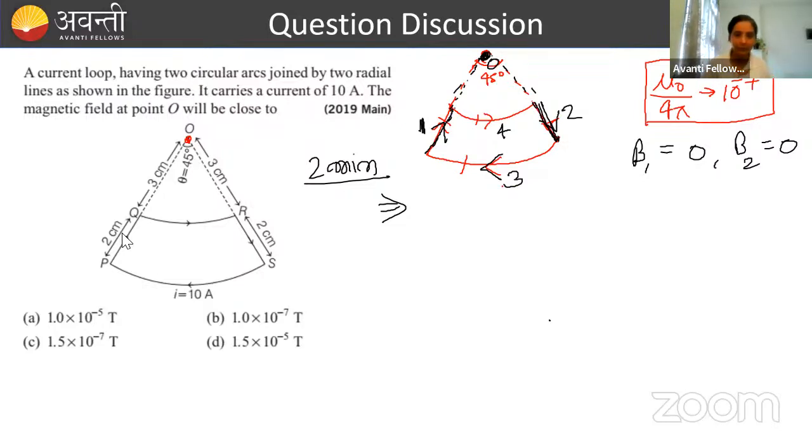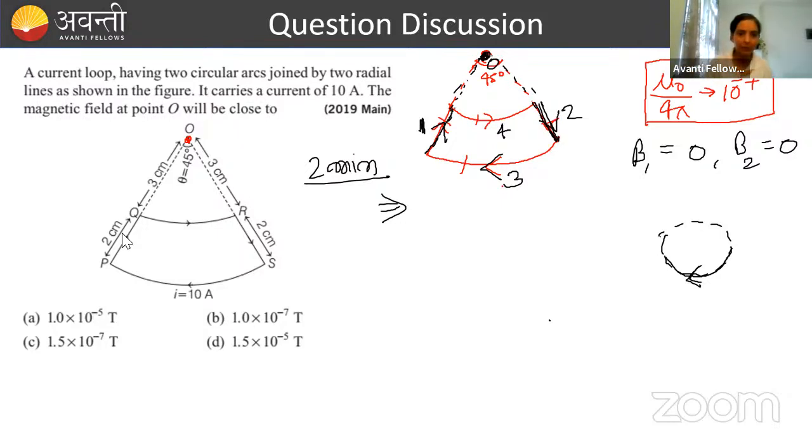If you have trouble finding it, do one thing: see in which sense current is flowing, clockwise or anti-clockwise. If current flows anti-clockwise, the magnetic field is outward. If current flows clockwise, the magnetic field is inward.